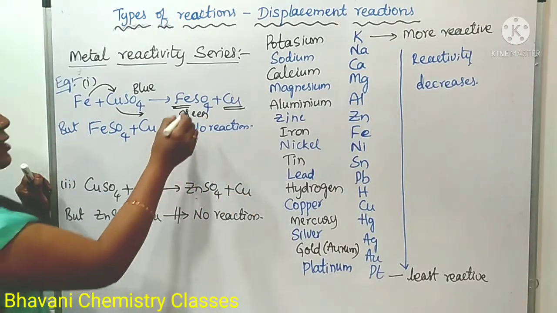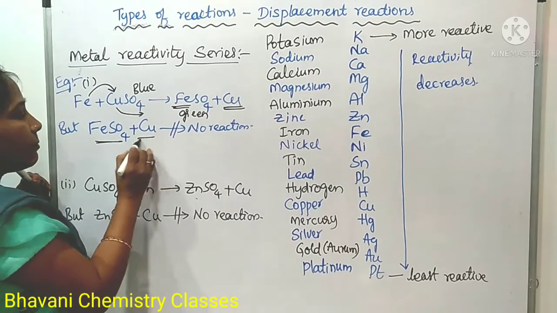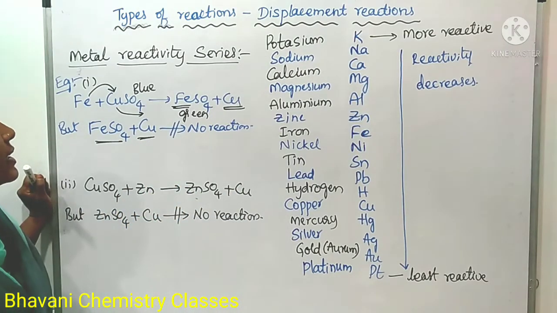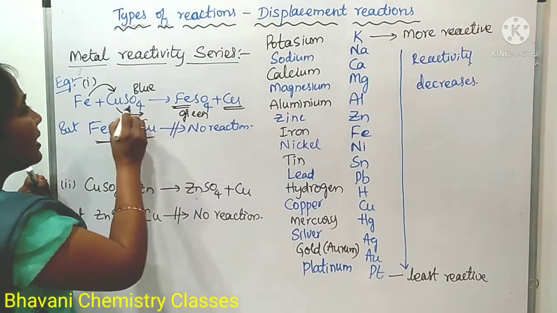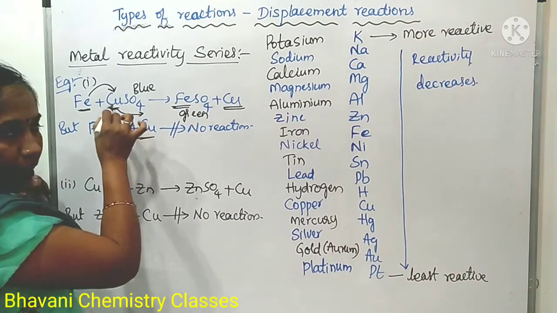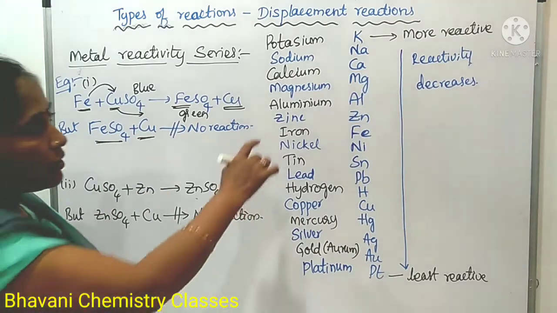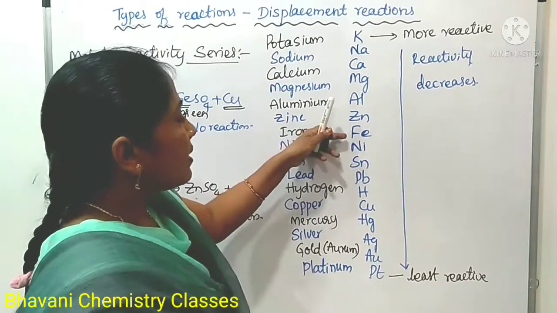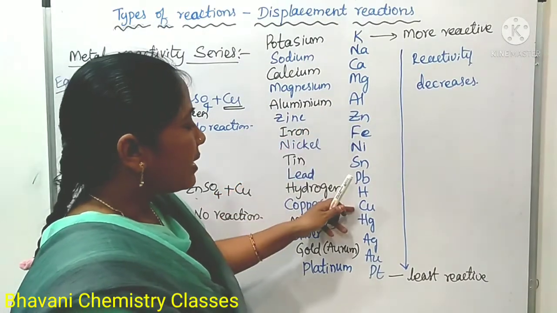But if you take iron sulphate and copper, we will not see any reaction. That is, iron is more reactive than copper. Is it true or not according to our metal reactivity series? Let us check now. Where is the iron? Here. Where is the copper? Here.